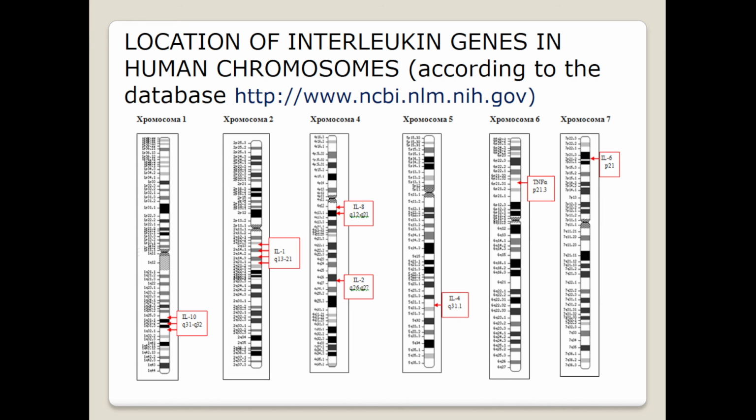All have their address, either P short arm or Q long arm. But all these are not simple genes. They are interleukins, a family of proteins, and they have inflammation and anti-inflammation roles in the pathogenesis of disease.